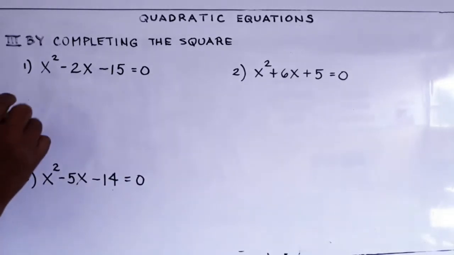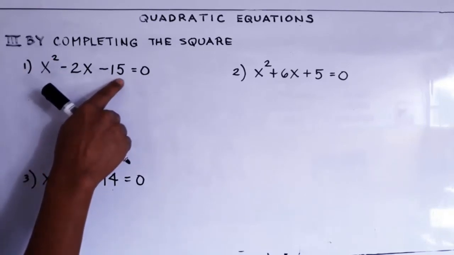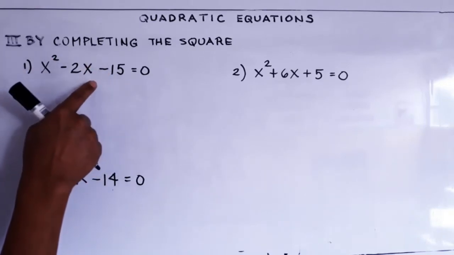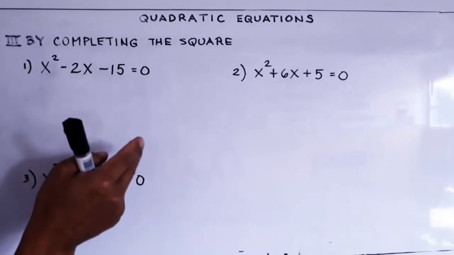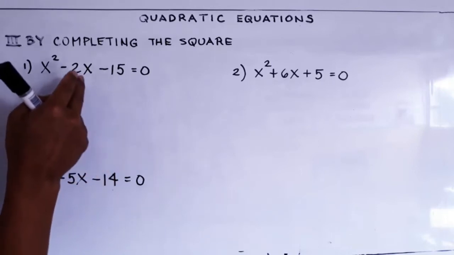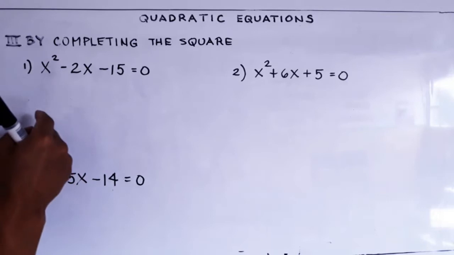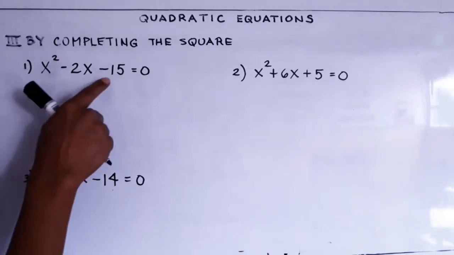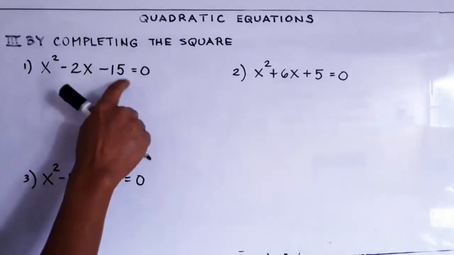So here we have x squared minus 2x minus 15. By factoring, you will say, oh teacher, let's do the factoring. Yes, but I'm showing you only the method of completing the square. So let us move the minus 15 to the other side, to the right.